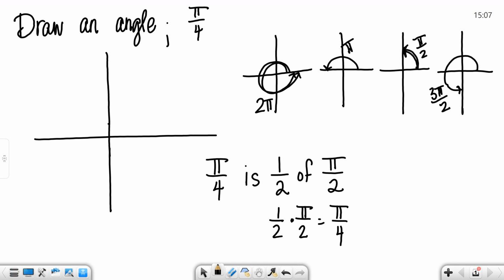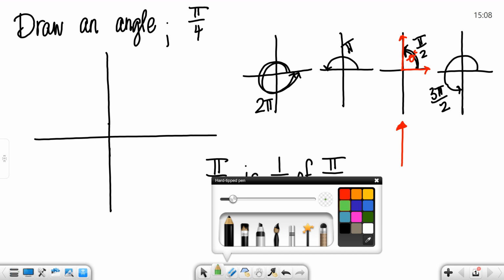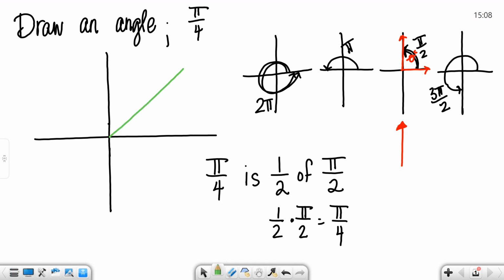So if I look at this graph right here, pi over 2 stops right there. That graph would have an initial side on the x-axis, and its terminal side would be there on the y-axis. In this case, theta would represent pi over 2. So if I want to go half of that, then I am going to let my terminal side be in the middle, halfway between there.